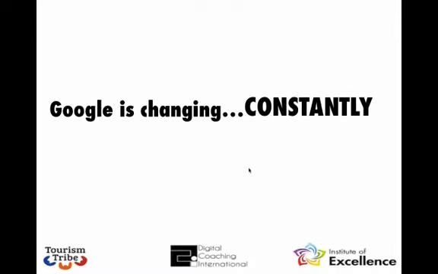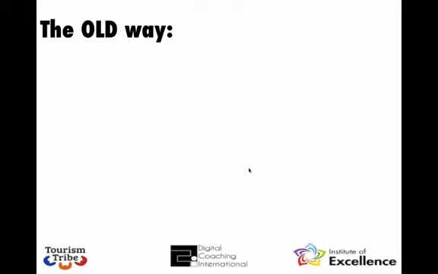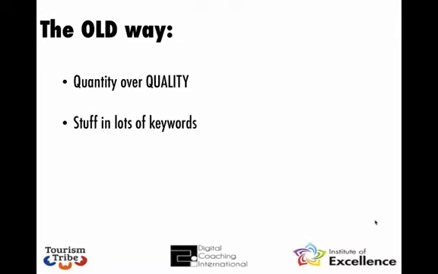So I wanted to point out what the old way was when we were talking about search engine optimization. The old way was always quantity over quality. It meant stuffing in as many keywords as you can about your name and your location.